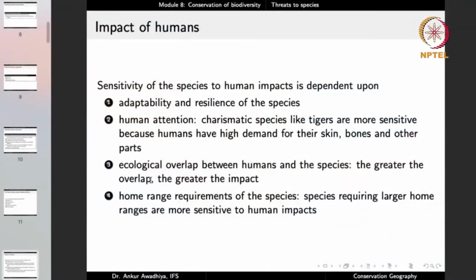Another factor is the ecological overlap between humans and the species. The greater the overlap, the greater the impact. So for instance, the species that lived in the grasslands have been particularly hard hit because of the impacts of humans when the grasslands were converted into farmlands.